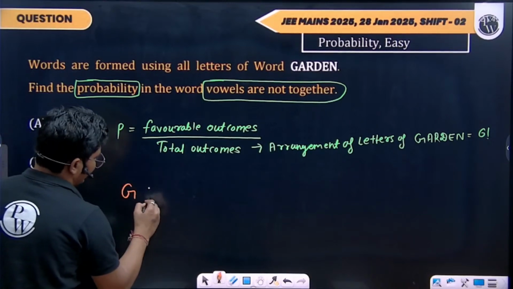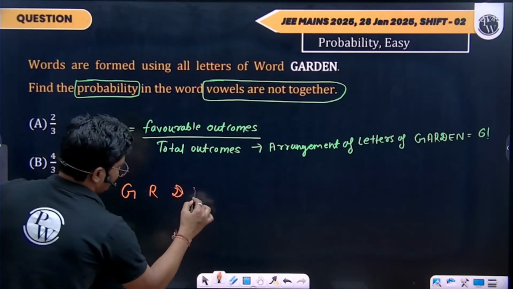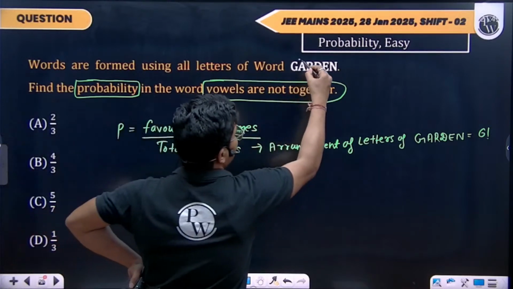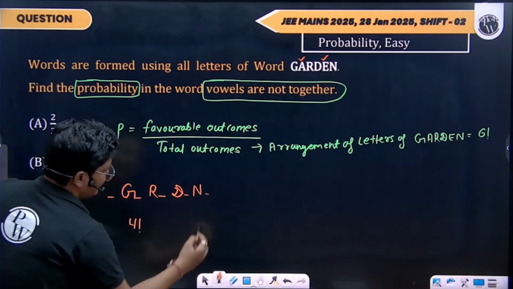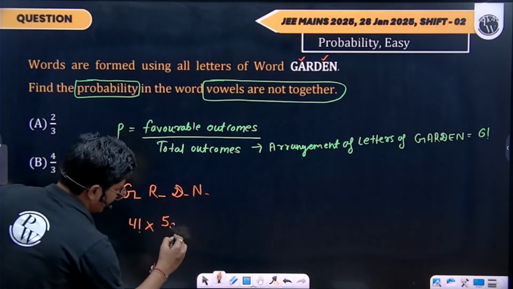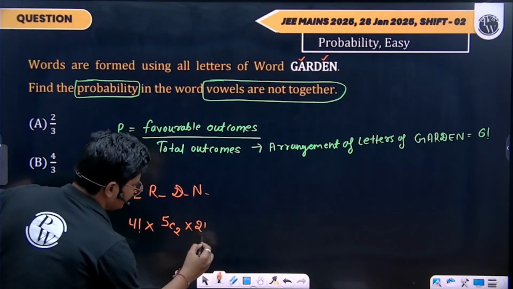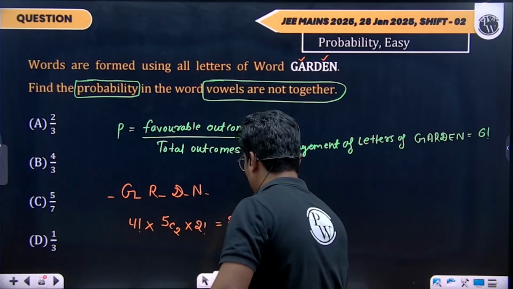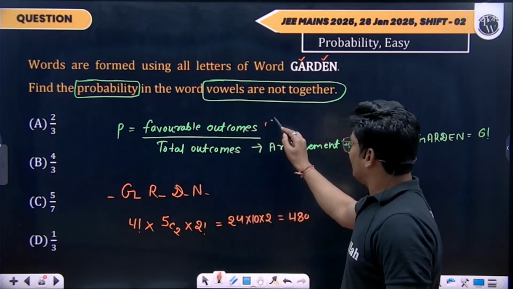So here we have arranged consonants only, which will be arranged by 4 factorial, and these vowels will be arranged in gaps. So here we have 5 gaps and here we have to select only 2 gaps for A and E, and we have to arrange these vowels as 2 factorial. So now this will be 24 into 10 into 2, which will be 480. So the favorable outcomes are 480.